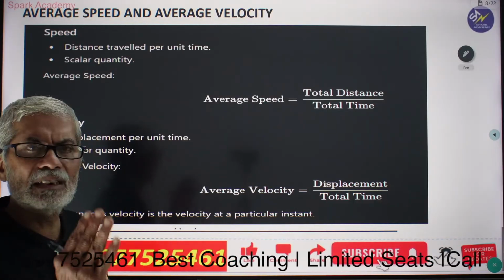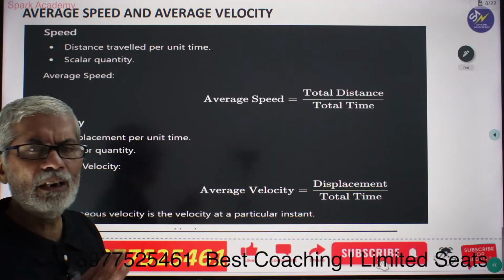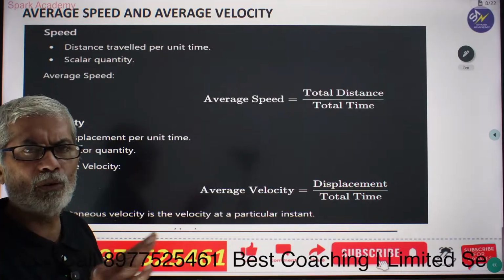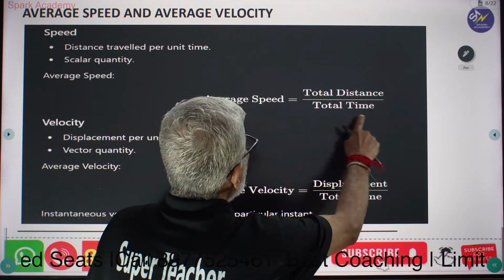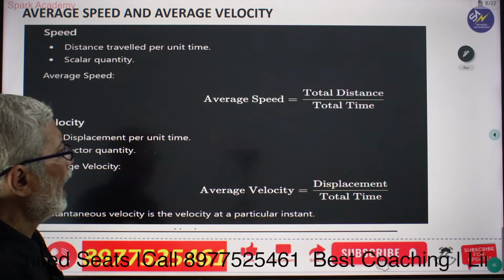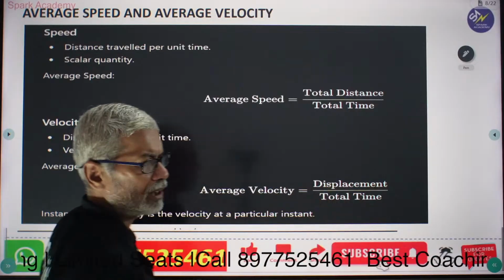Have they given each segment time or each segment velocity? Accordingly, you apply the formula and find out the total distance and total time. So total distance travelled by total time taken is average speed. Average velocity is equal to total displacement by total time.